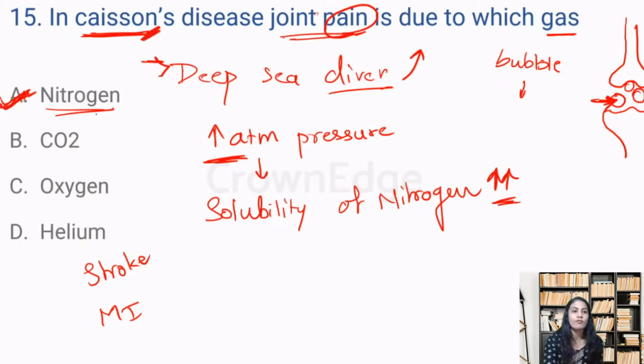Caisson's, N for N, nitrogen. It is not because of the oxygen, not because of the carbon dioxide, and helium is a very, very thin gas. It can easily come out even in low pressure. So nitrogen is a very dense gas, and that's why it requires high pressure to get back outside. Which is not going to happen in this case, and that's why the answer over here is nitrogen.